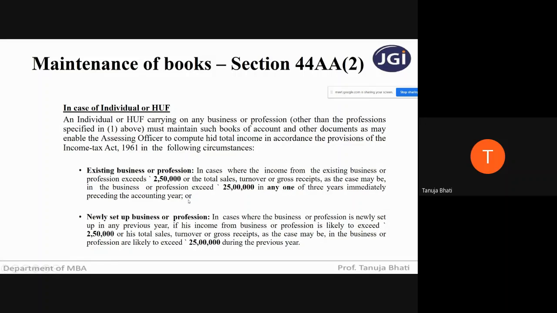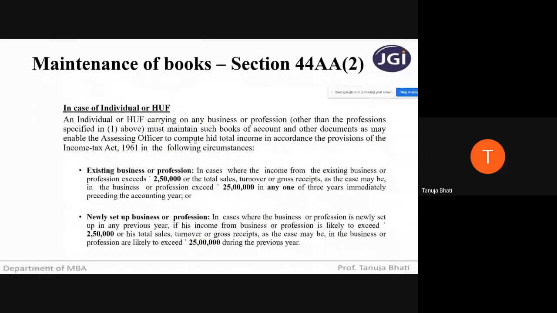So suppose the financial year we are taking is 1920. In any of the 3 years immediately preceding 1920, if his income exceeds 2,50,000 or his turnover exceeds 25 lakhs, then he is mandatorily required to maintain books of accounts, only if he is an individual or HUF, and that too if he is carrying out any business or profession not covered in the previous slide, that is legal, technical, interior decoration, which we have seen.